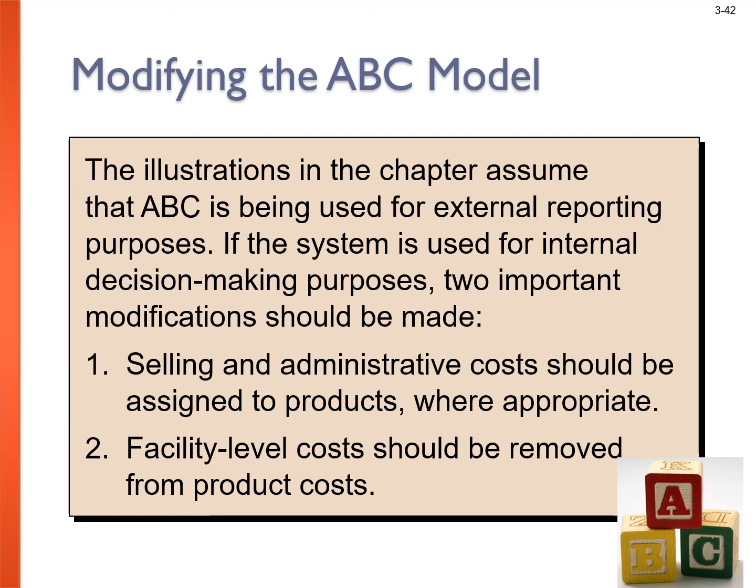This is on page 136. So let's just take a second here. The illustration assumed ABC is being used for external reporting. If the system is used for internal decision-making purposes, we've got to modify our model. Selling and administrative costs should be assigned because we want to know the total cost of our product.